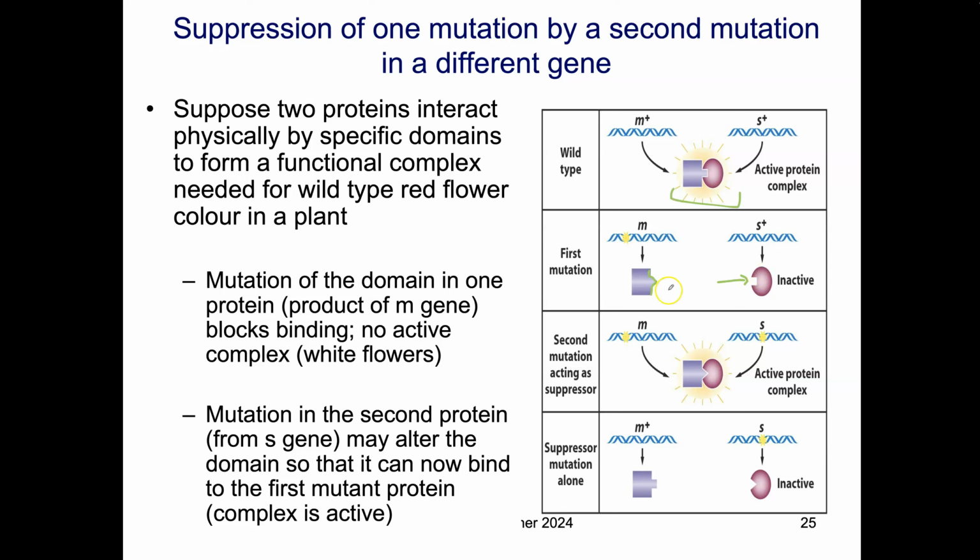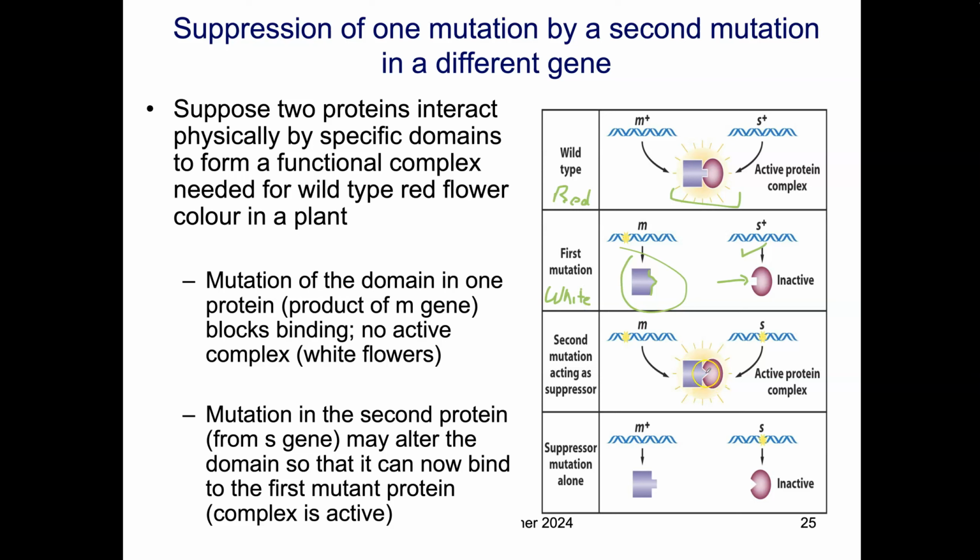And so the organism is wild type for this gene, but because this one is mutated, they can't catalyze that reaction. So you're going to get red flowers in the case of being wild type for both, but you're going to have white flowers here because that red pigment can't be produced.